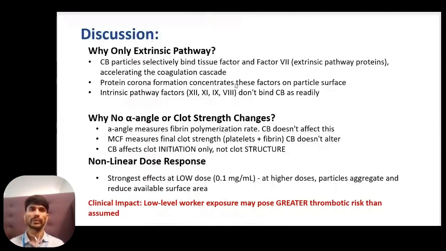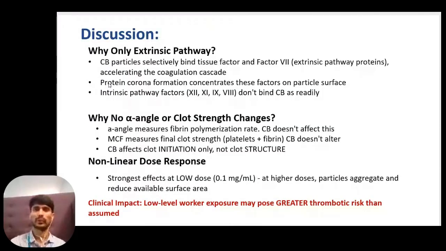Now let's move on to the discussion. Why does it only affect the extrinsic pathway? Because carbon black particles bind to clotting factors like factor 8 and 9. When they bind to these factors, the coagulation cascade is automatically triggered, and this can lead to cardiovascular diseases.